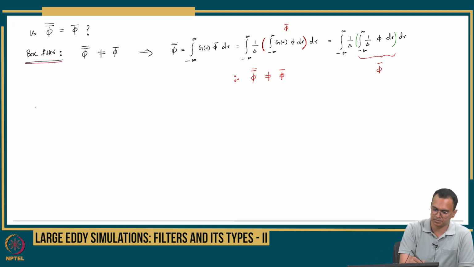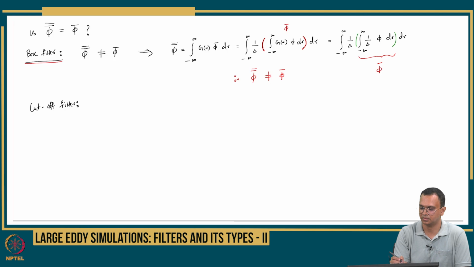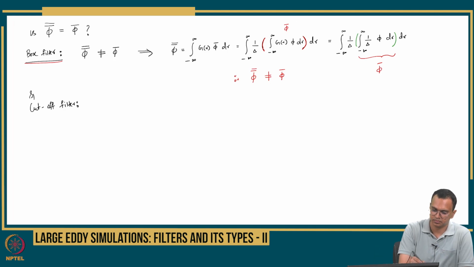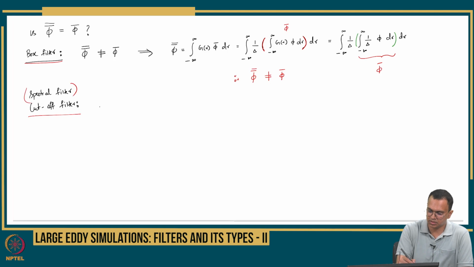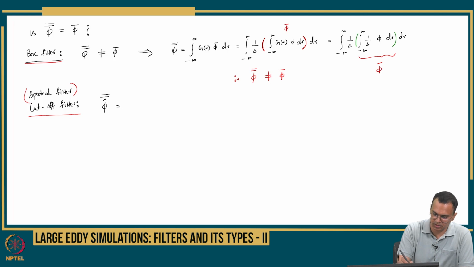For a cutoff filter, or the spectral filter, for this the phi, I will use this cap because we are working with the wave number space. Phi double bar now is equal to the same thing.